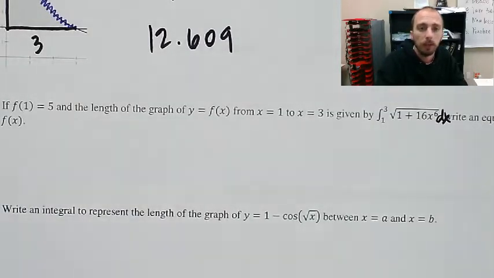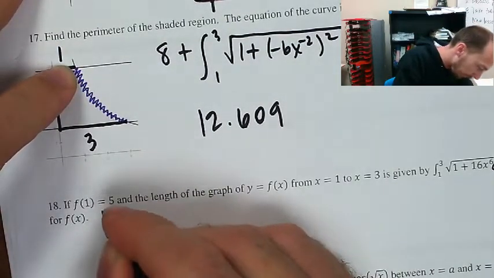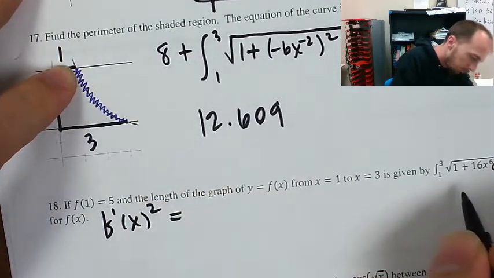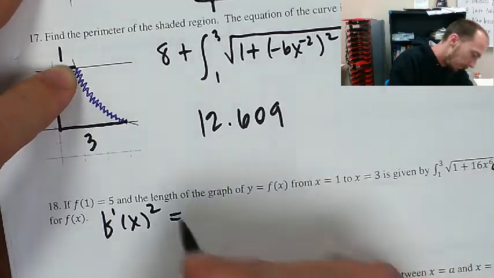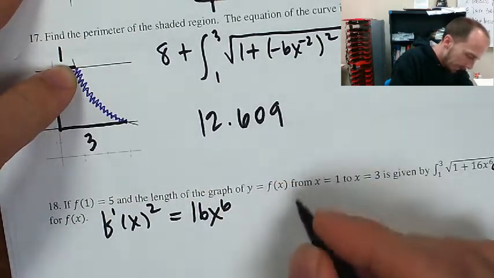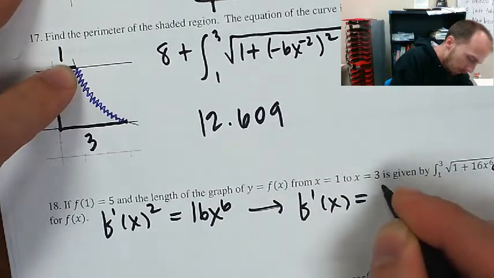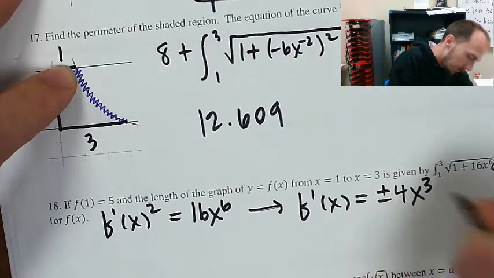So that means dy/dx squared equals 16x to the 6, or maybe I could call it f prime of x. So f prime of x squared is equal to 16x to the 6, indicating to me that f prime of x could be either 4x to the 3 or negative 4x to the 3.